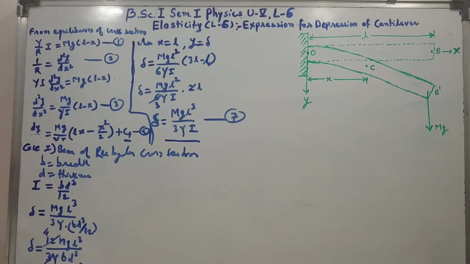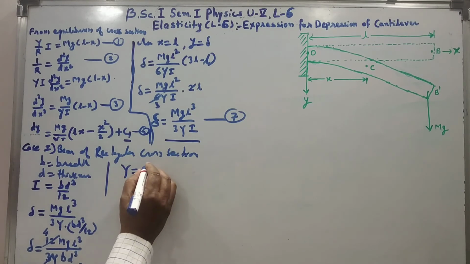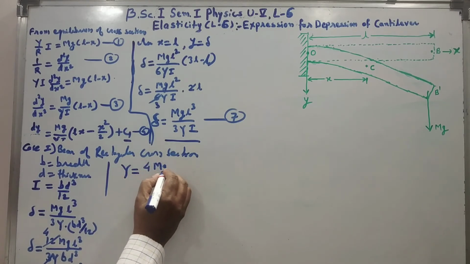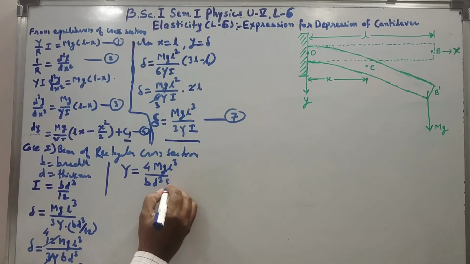So this is the expression for the depression delta of the beam of rectangular cross section. We can also write the formula for the Young modulus. If we transfer capital Y to the left side, we have Y equal to 4 mg L cube divided by BD cube delta.